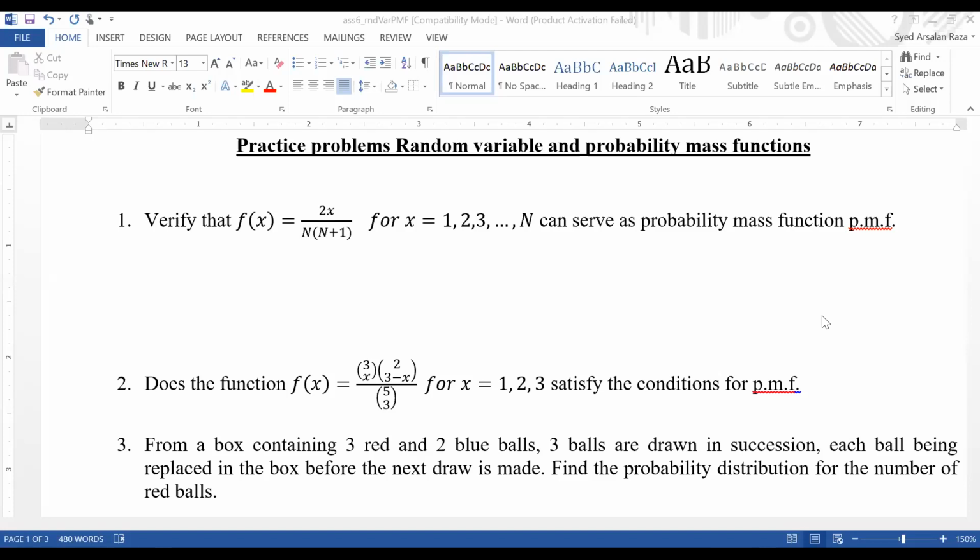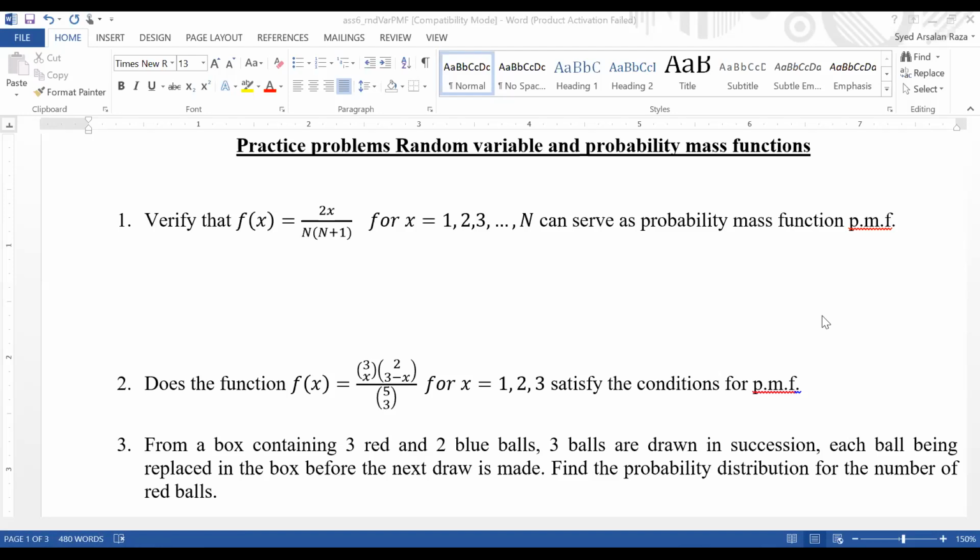Now, in question number 1, we have to verify that this given function is a probability mass function. How can we verify this? It's quite simple. The function must be positive for all values of x.